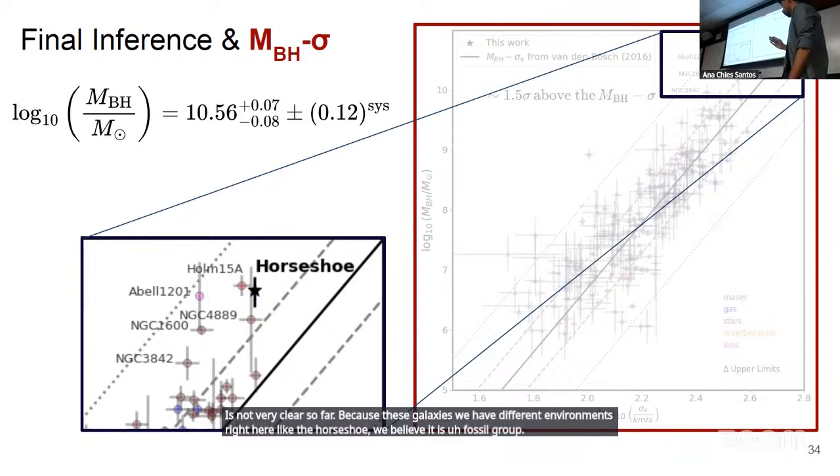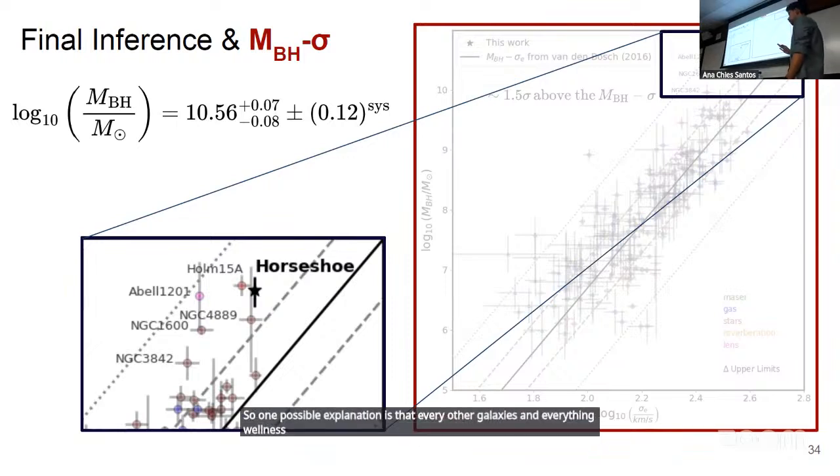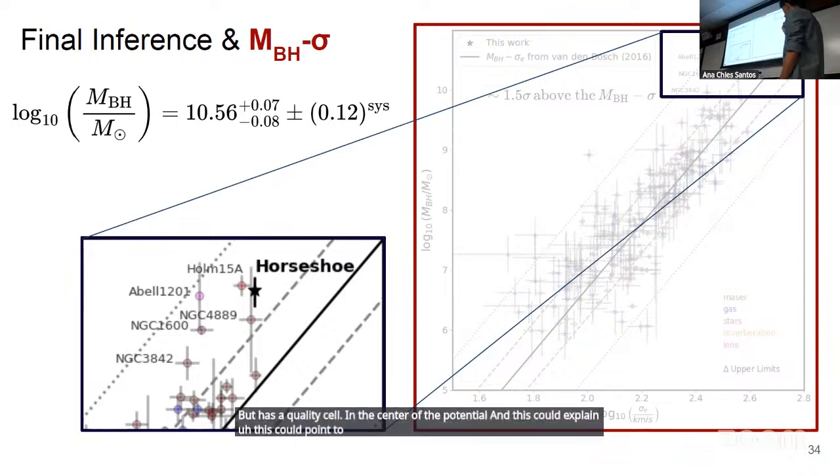So one possible explanation is that every other galaxy and everything coalesced, I don't know the verb in English, in the center of the potential, and this could point to some binary black hole merger, for instance. But one of those galaxies here, I don't remember exactly which one of them, but it's one of the three, it's actually a field galaxy.